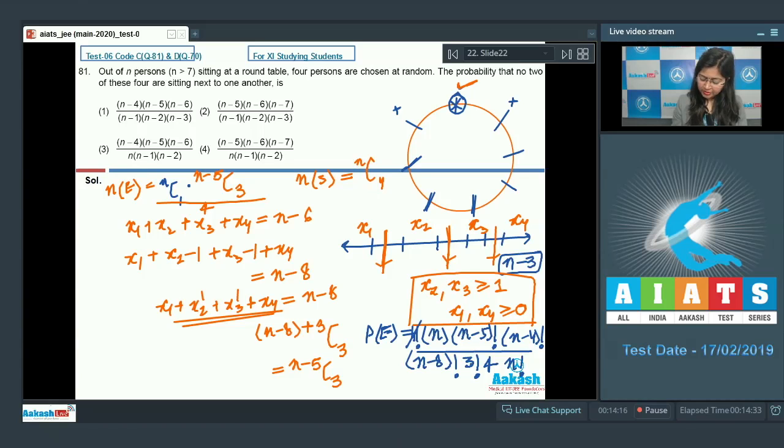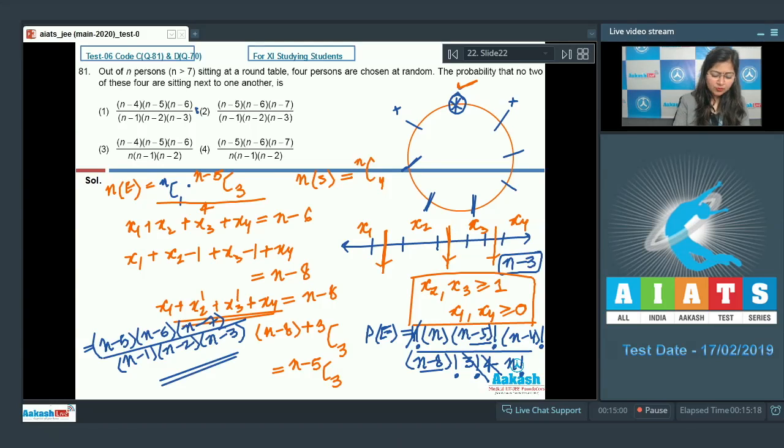Now 4 factorial can be cancelled with these two. So this will be equal to n-5 into n-6 into n-7 upon n-1 into n-2 into n-3. This is the required probability that is given in option number 2. Hence this is the correct answer.